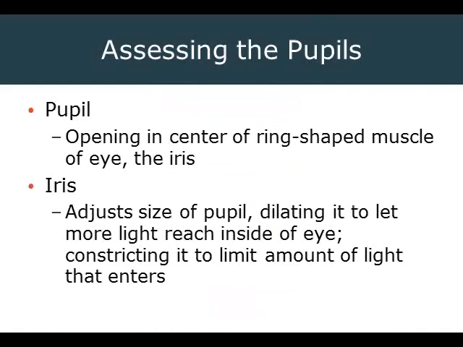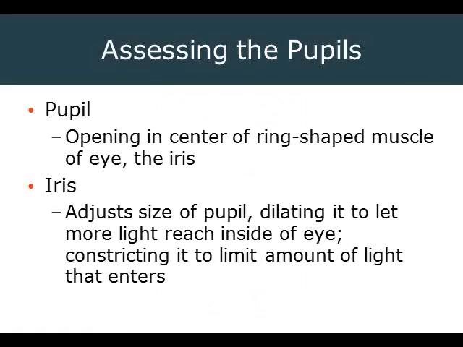The pupil is the black part in the middle or center of the eye, so that's the opening, whereas the iris is the colored part. It's the blue, the green, the brown, the hazel color of the eye. The iris is what adjusts, and that makes the pupil bigger or smaller.